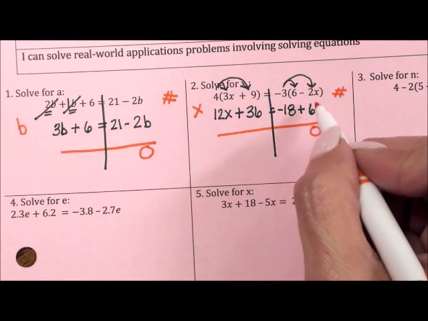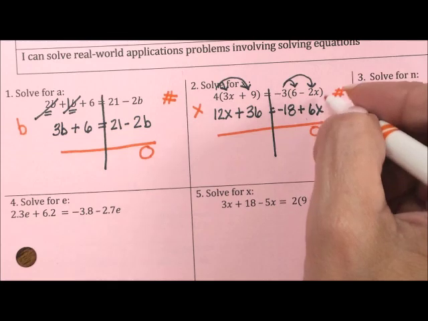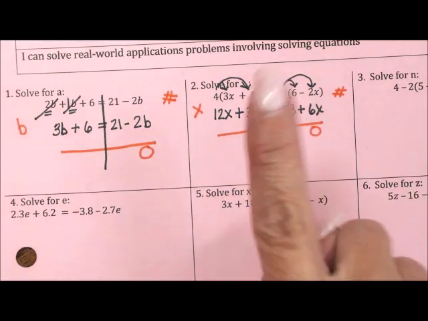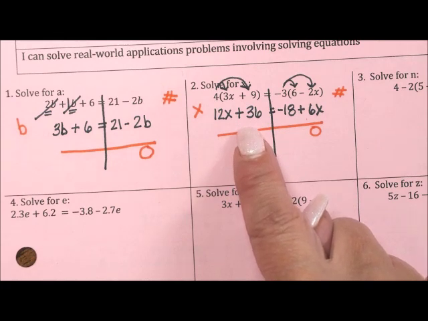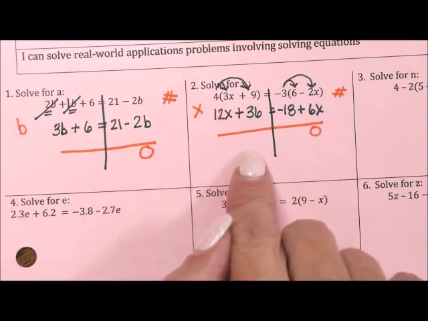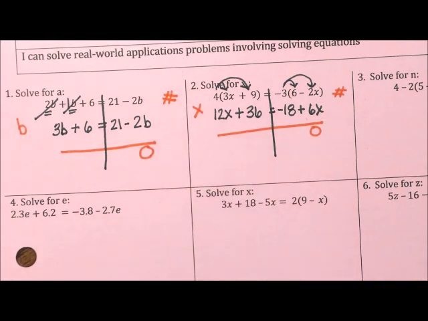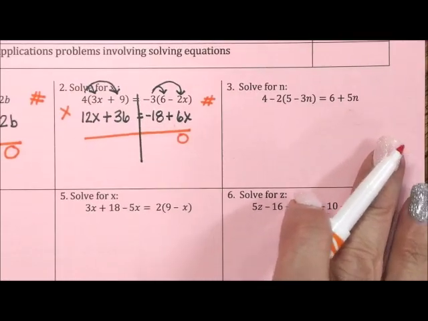So I would subtract 6x, right? Subtract it from both sides. And when you do that, this will cancel out. And then I'm going to move the 36 over here. So I'm going to subtract 36 from both sides. And then I'm going to end up with 6x over here, and I'm going to divide both sides by 6. Pause your video, hit the space bar.